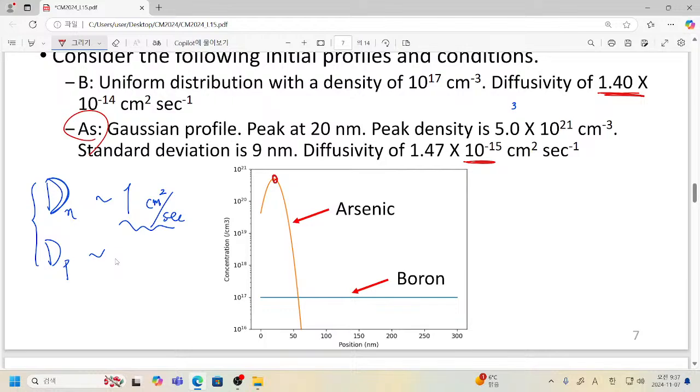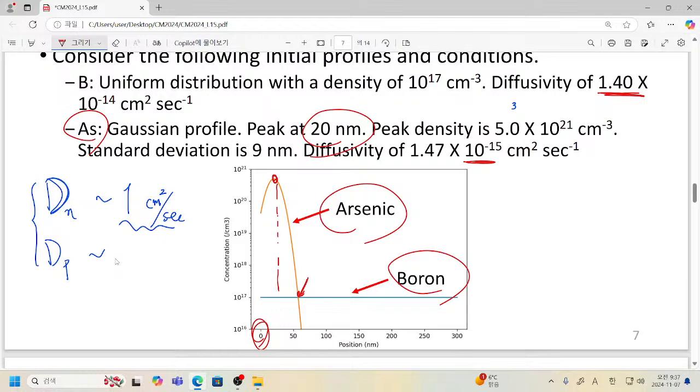Now we have a peak point just 20 nanometer down from our interface. We wanted to make quite a shallow junction between this N plus and P. At this point, maybe this is the metallurgical junction between these two dopant types.